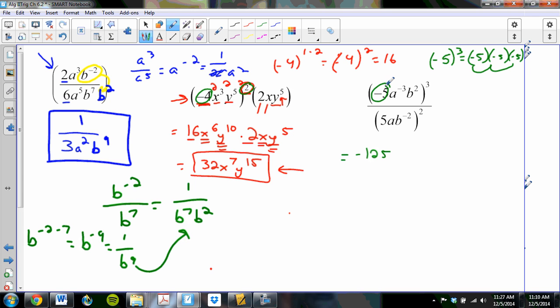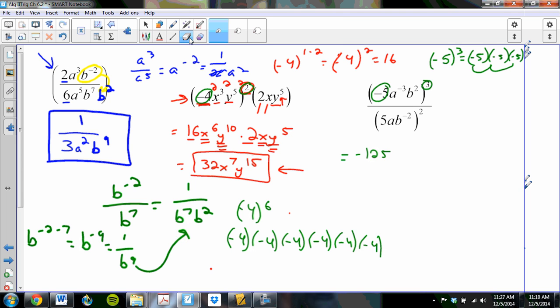If you have a negative number to an odd power, it'll always come out negative. So when it's an even power, like if I did negative 4 to the sixth, well, it's going to go negative, positive, negative, positive, negative, positive. The even ones always make them positive. All that to say, negative 5 to the third is negative 125.